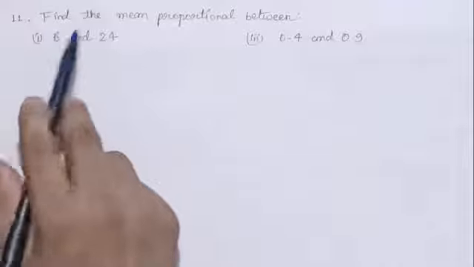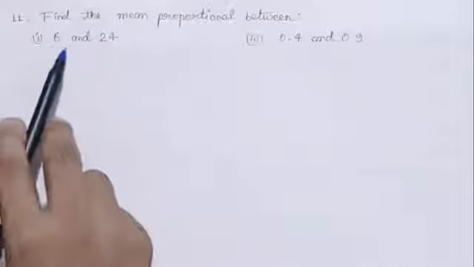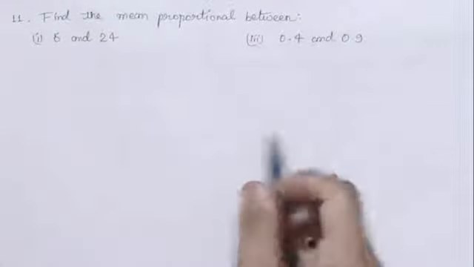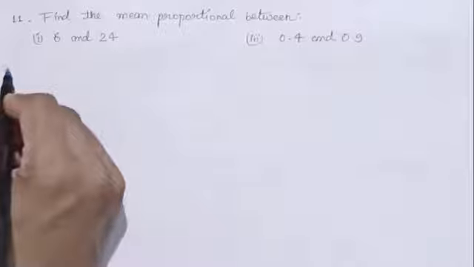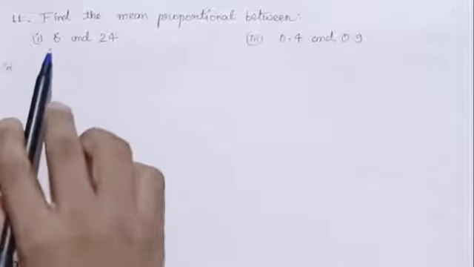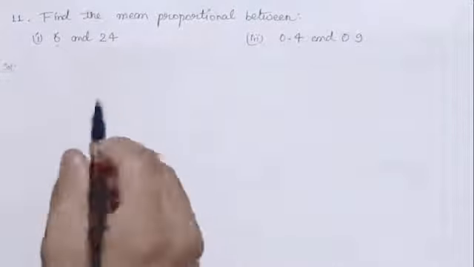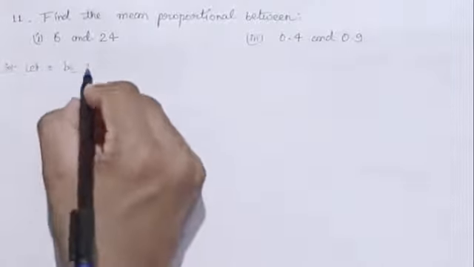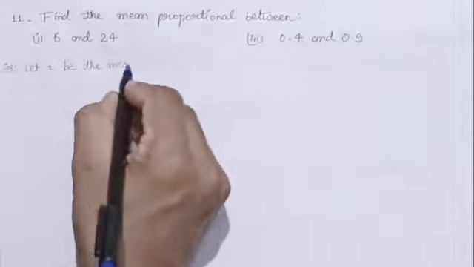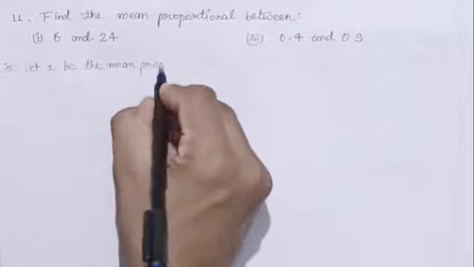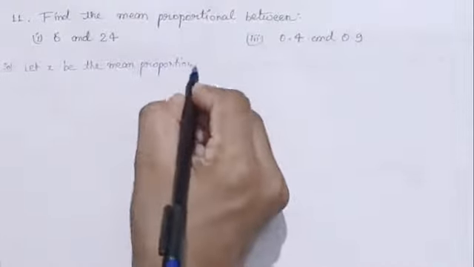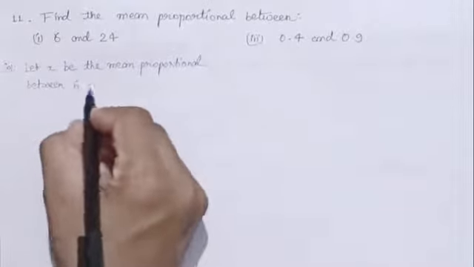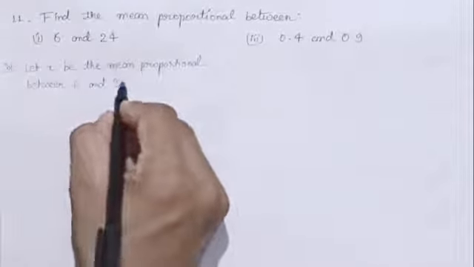The next question we have: find the mean proportional between first 6 and 24 and second 0.4 and 0.9. So let us solve each of these one by one. First we have to find the mean proportional between 6 and 24. Let x be the mean proportional between 6 and 24.